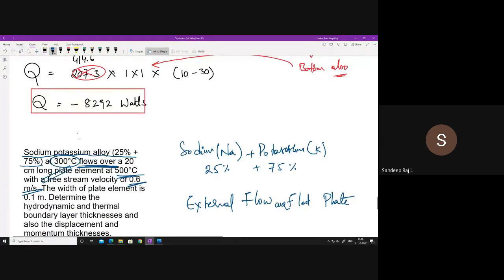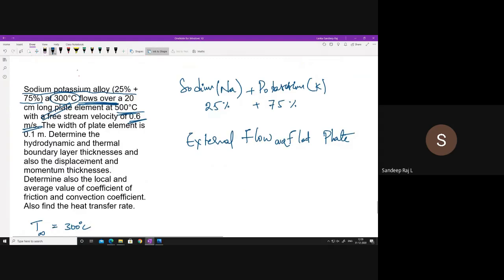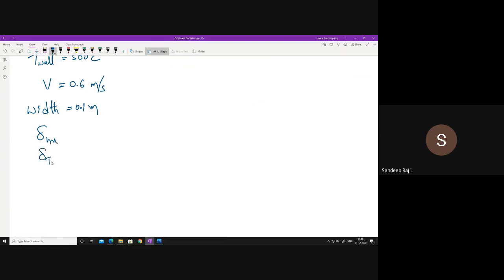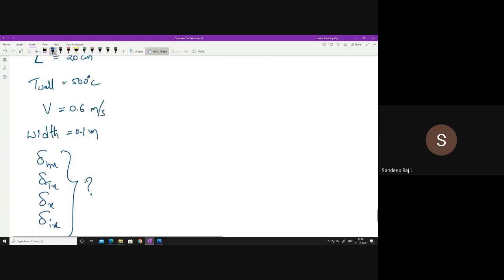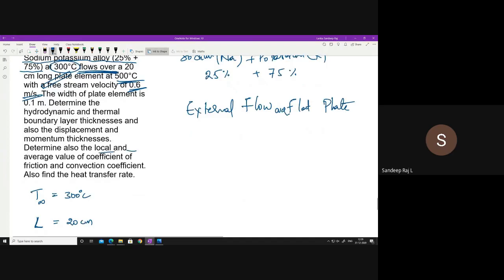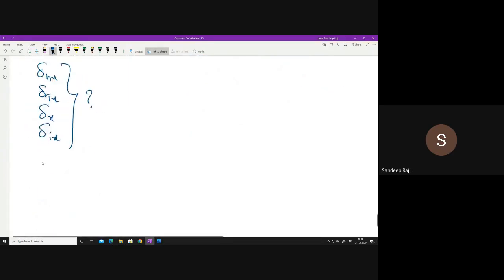Determine the hydrodynamic and thermal boundary layer thickness, and also the displacement thickness and momentum thickness. So he's asking you to find delta Hx, delta Tx, delta x, delta ix. And determine also the local and average value of the coefficient of friction, that is CFX and CFL bar.